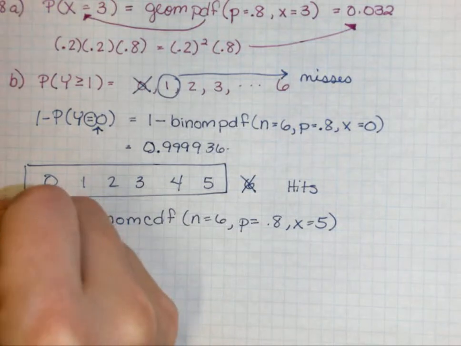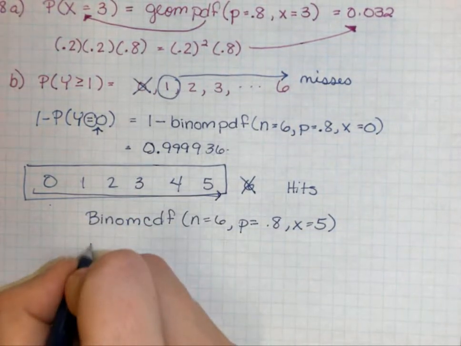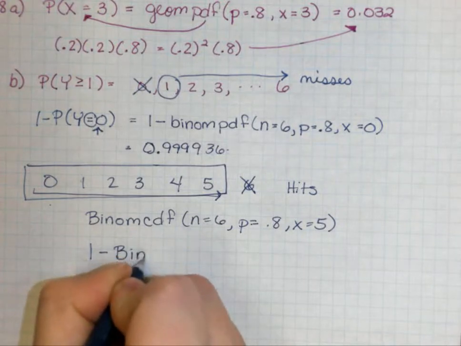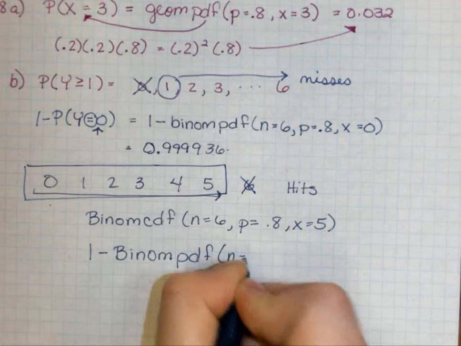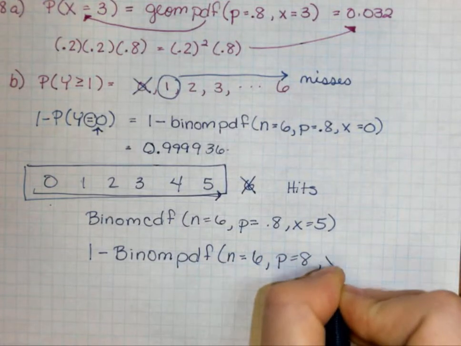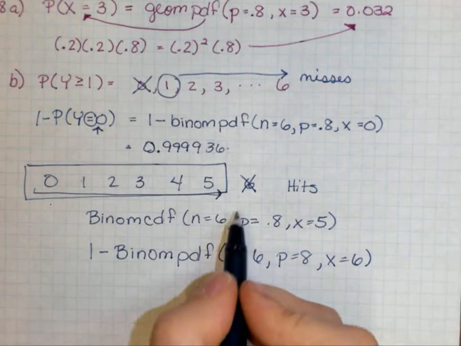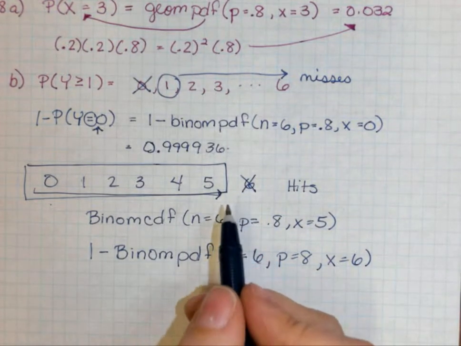And so since it starts at 0 and goes up to 5, that's CDF. You could do 1 minus binomial PDF of n equals 6, p equals 0.8, x equals 6, because that's what I'm crossing out. There's all sorts of different ones that you can do.